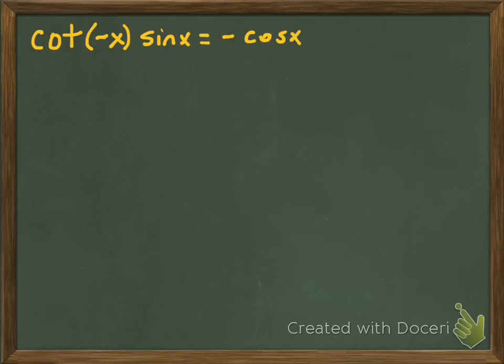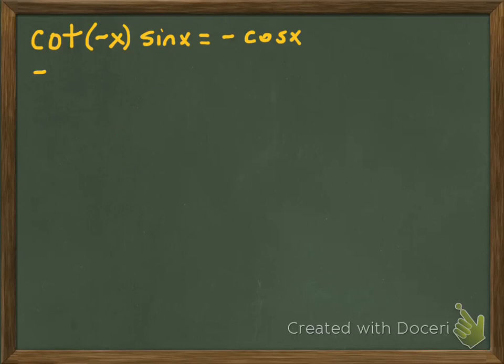These need to be free floating around your desk today while you work with them. You see the odd even identities. So when you see a negative inside the parentheses, go there and figure out a way to write it without that negative inside the parentheses. So what is the cotangent of negative x? Negative cotangent x, yes? Okay.